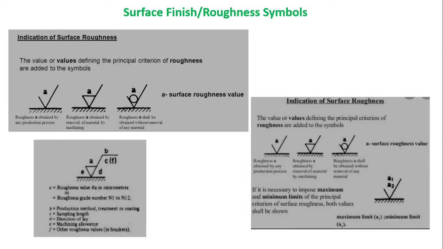Then come the surface finish symbols, very important. They will definitely ask questions on this one. The indications used for surface roughness are these, as you can see here. A is the surface roughness value they will mention, so how much roughness or finish we need to define.